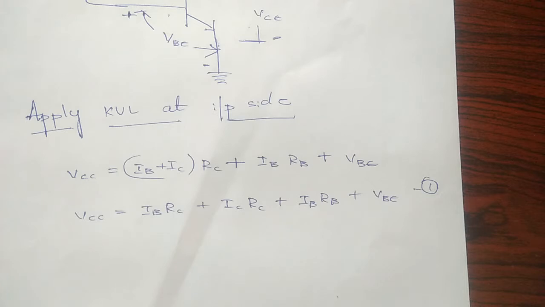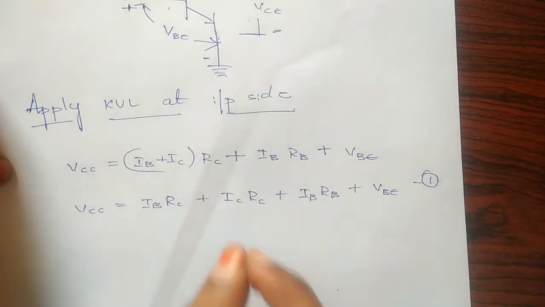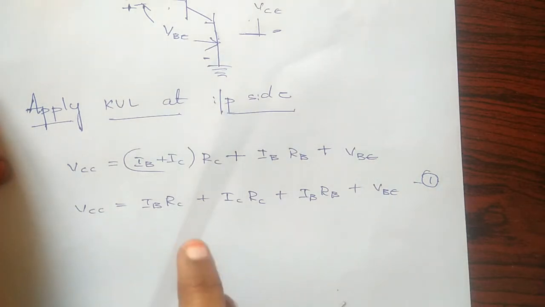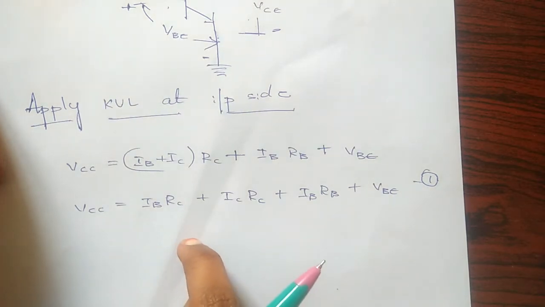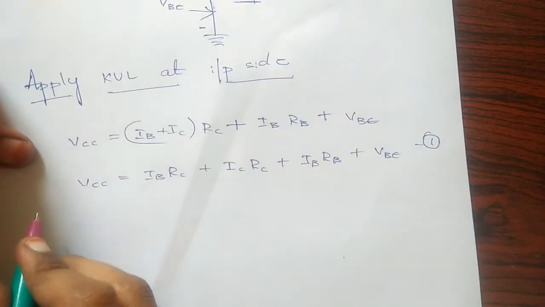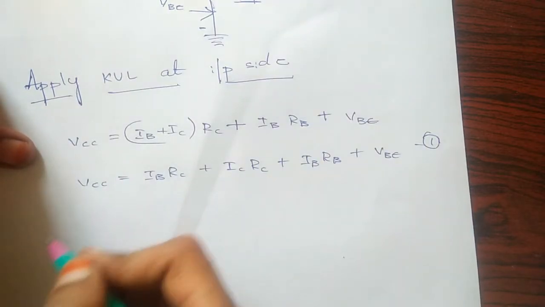As IC is very much larger than IB, we can neglect IB. But if you want to know the IC, IB, RC and RB values, let me tell you how to find them.